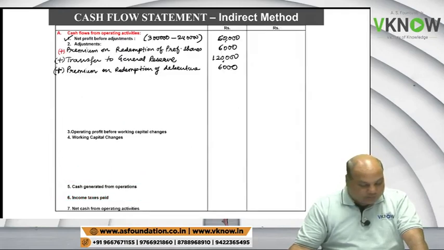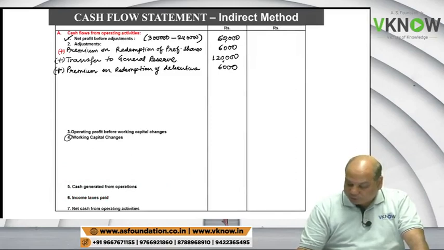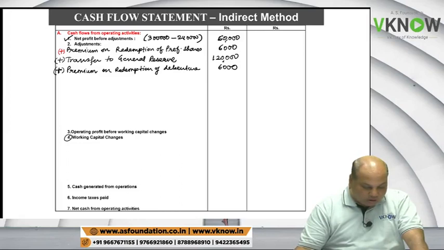Now the next item is current liability. Come to operating activity, point 4, working capital changes. So what has happened?